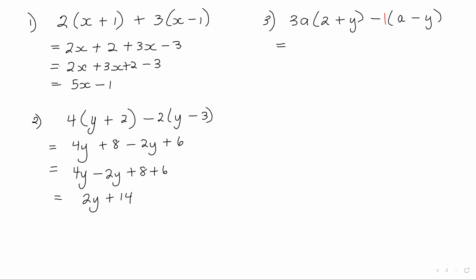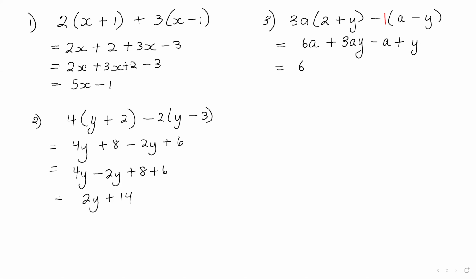So you're going to expand your brackets, 3a times 2, which is 6a. 3a times y is 3ay. And then minus 1 times a would give me minus a. And minus 1 times minus y gives me plus y. And then I group my like terms. So the only two like terms here are the a's because 3ay and y are two different terms, okay?